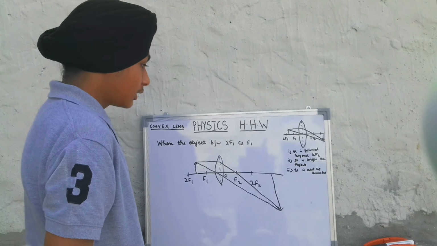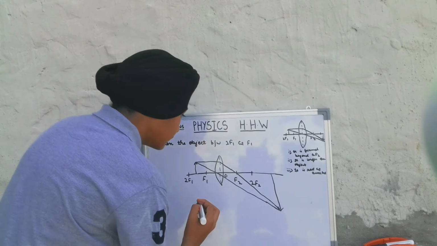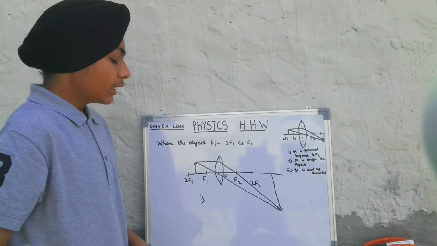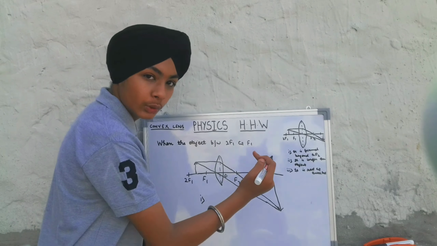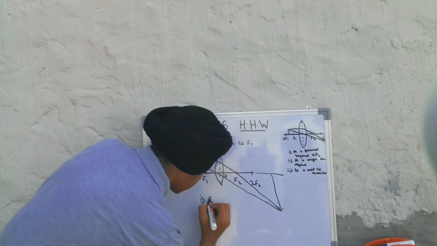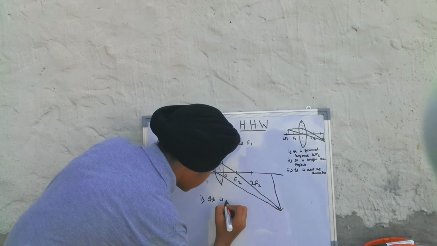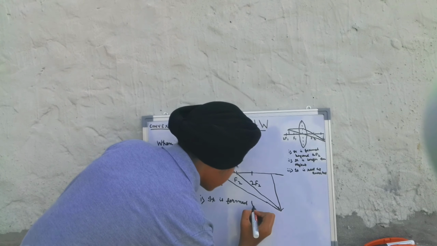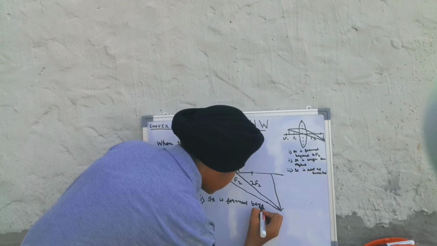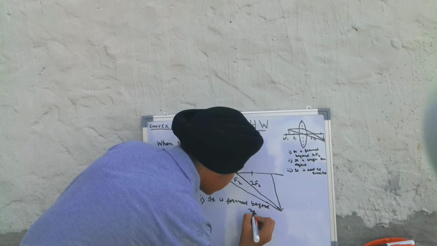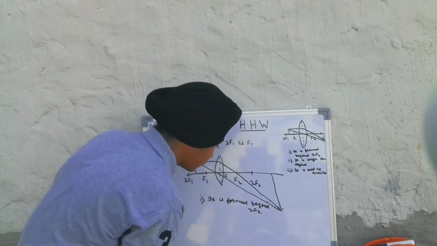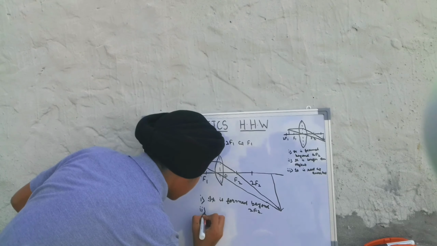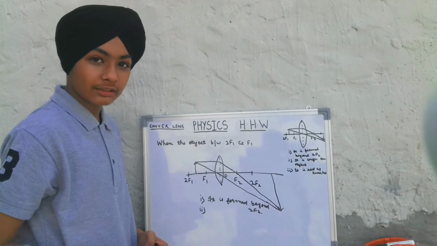So some points about this image are: first, it is formed beyond 2F2. Second point, it is larger than the object.